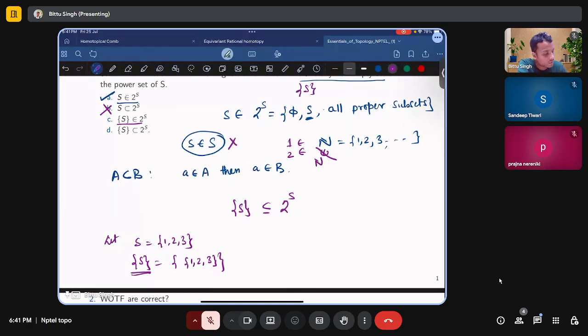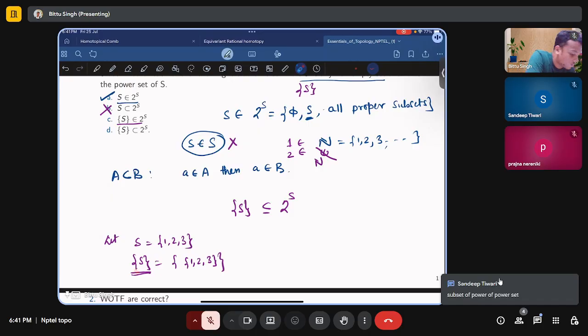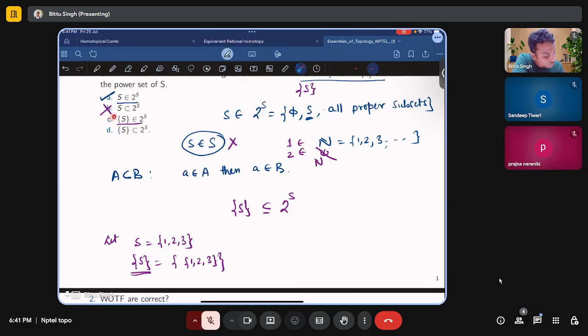This is not that, those two are different. So if we put another bracket, that will be a new thing, completely new. Yes, sir, got it. It is exactly a subset of the power set. So this membership statement is actually wrong.